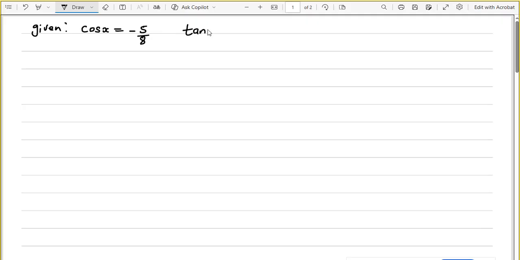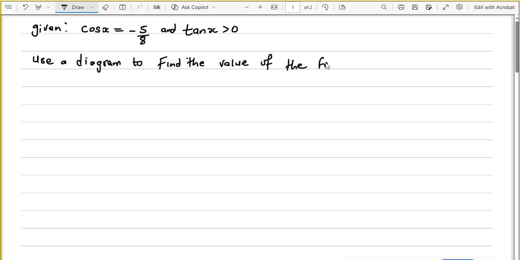They say that tan x is greater than 0, and use a diagram. They want you to use a diagram to find the value of the following.